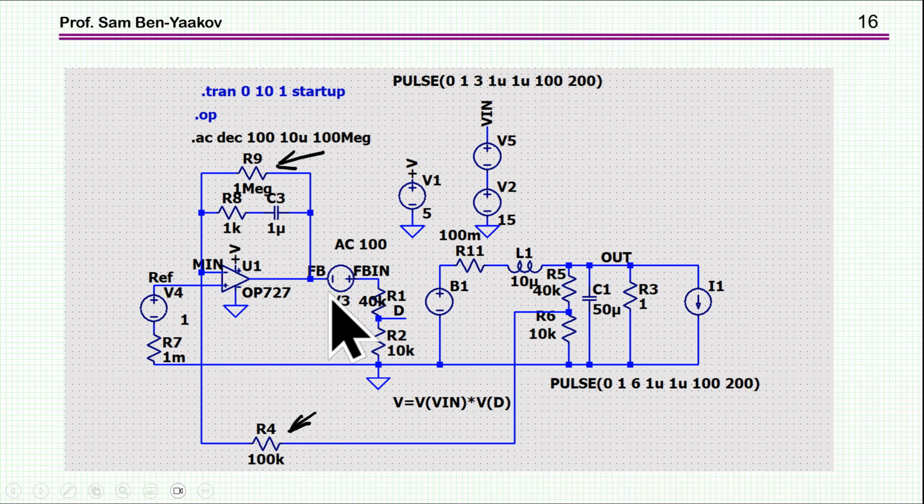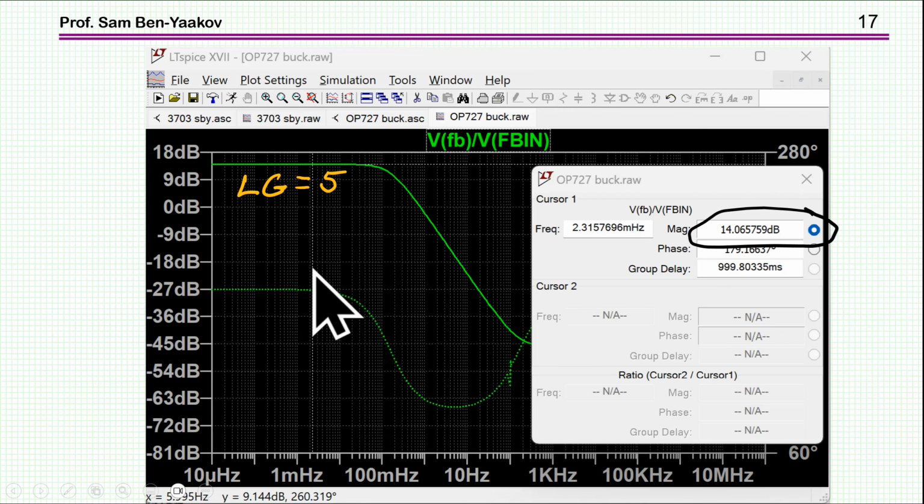So it's a very low gain, and we can see it here reflected in the loop gain, which also takes into account the other transfer functions, of course. And we see that the loop gain here is 14 dB, which translates into a factor of 5. So we have a loop gain of 5 for this system, very low.